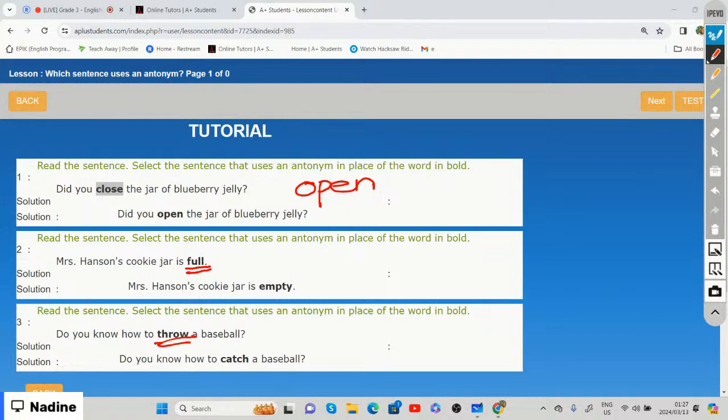I throw it to you. Yes, I throw and you catch, right? And this was empty, right? So those are opposite in meaning, right? These are antonyms, and we said antonyms are words basically with opposite meaning.